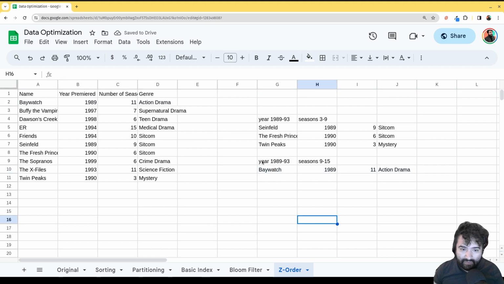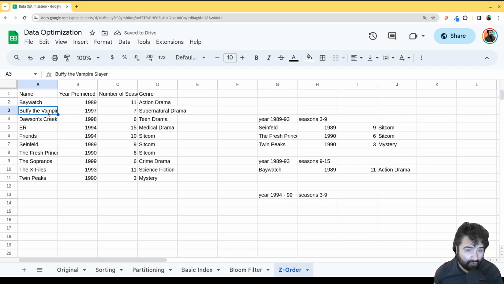Then our next category, and this would have to be from 94. That's right. So now we're doing 94 through 99, but with only 3 to 9 seasons.